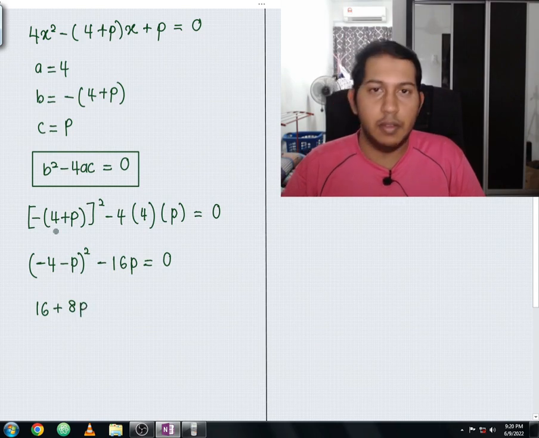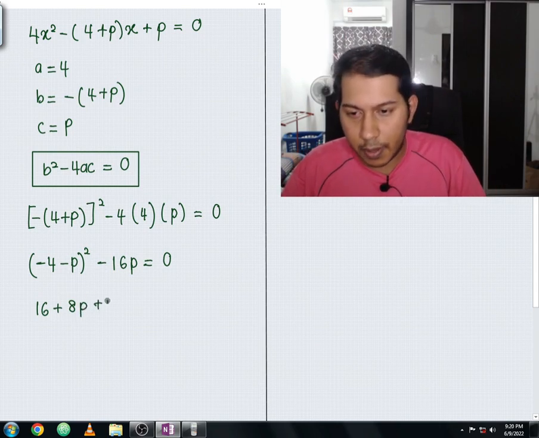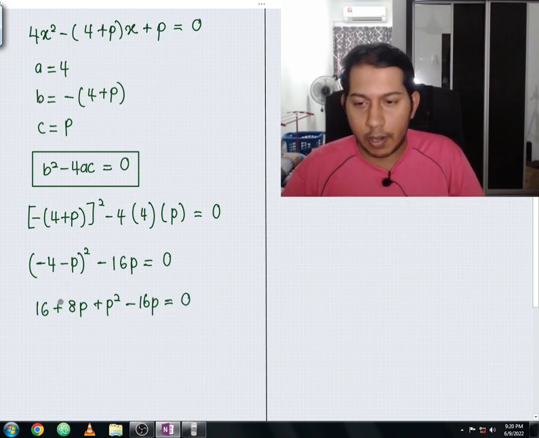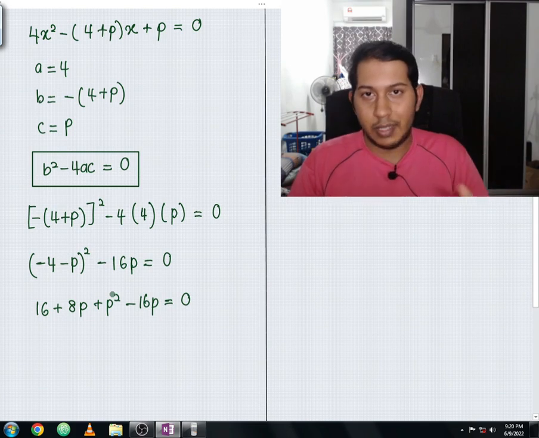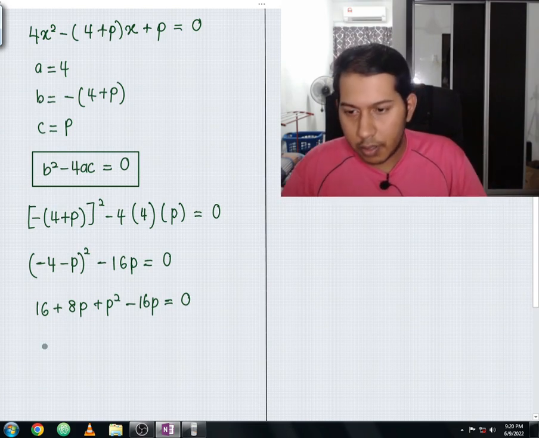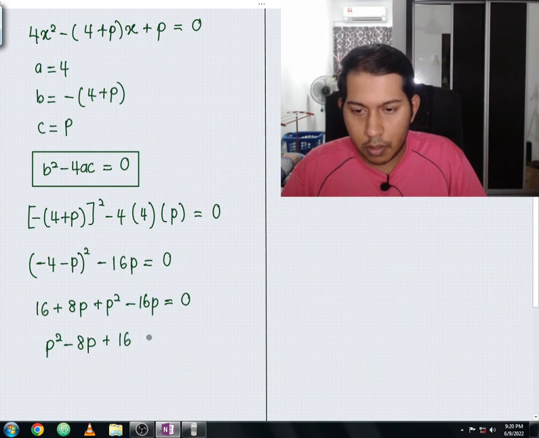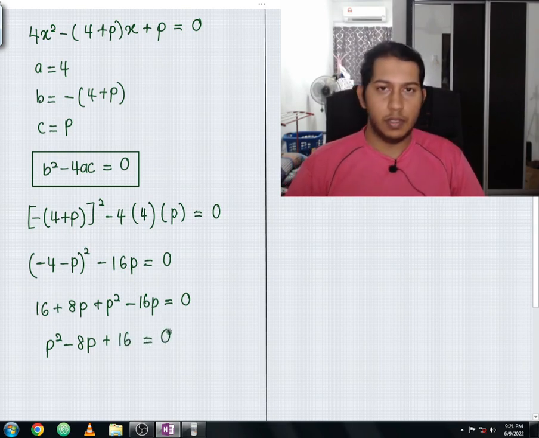Negative p squared gives positive p square, and then minus 16p equals 0. Now you can see that we are forming a quadratic equation. So p square, 8p minus 16p gives minus 8p, and then plus 16 equals 0.